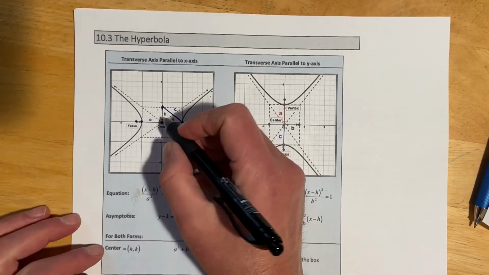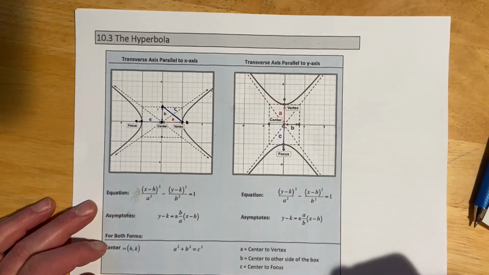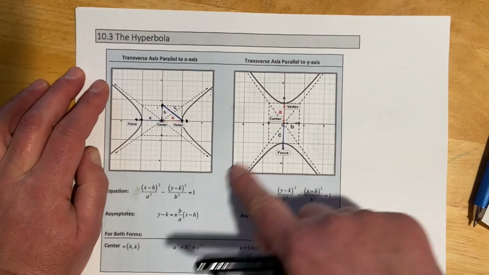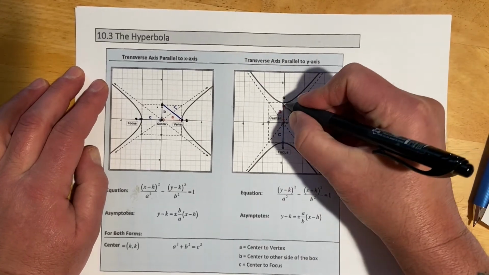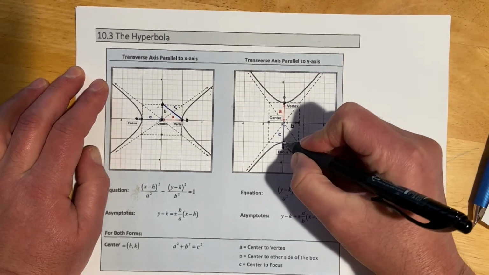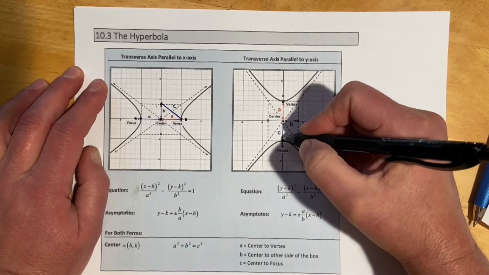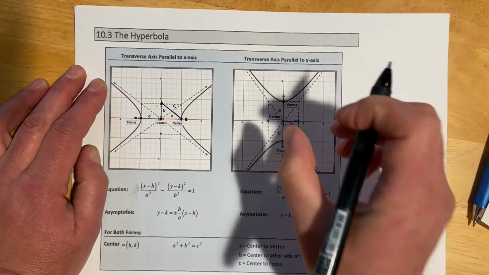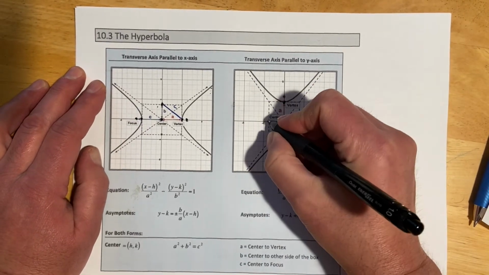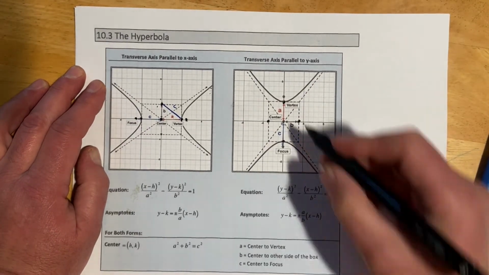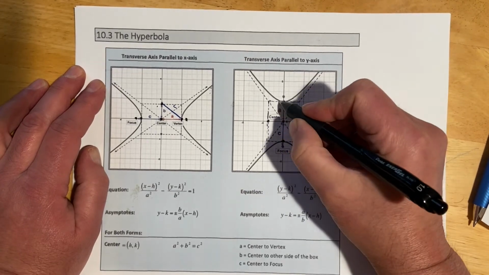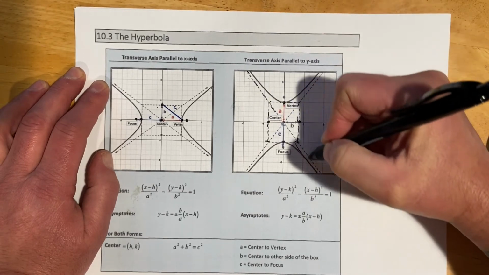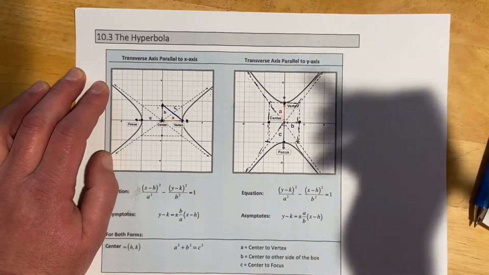The way that we define the hyperbola, to draw it, let me do this one because it's a little bit cleaner, is we have the center to the vertex, and that defines one side of this box. And then we have the center to the other side of the box, which again is kind of like the minor side, though it can be bigger or smaller. And then we draw that box, and the asymptotes are defined by the corners of that box.